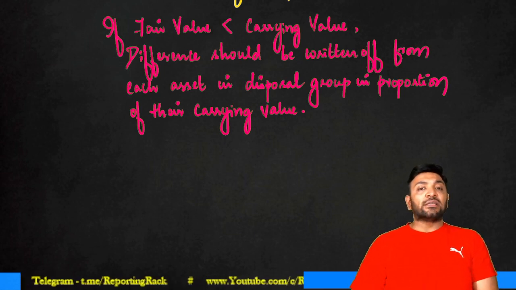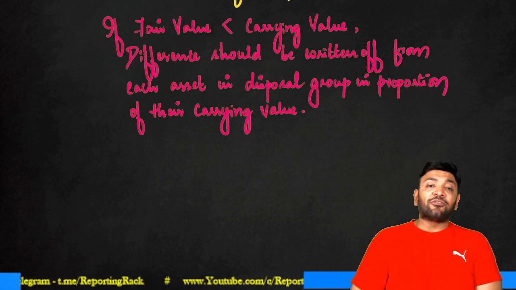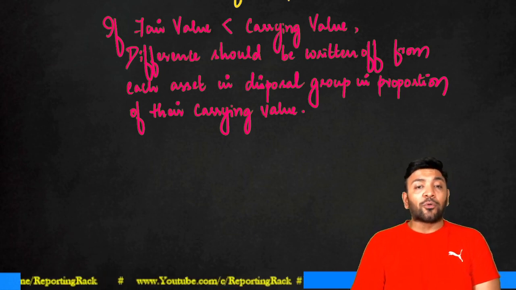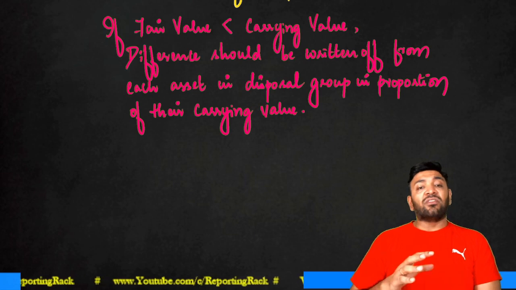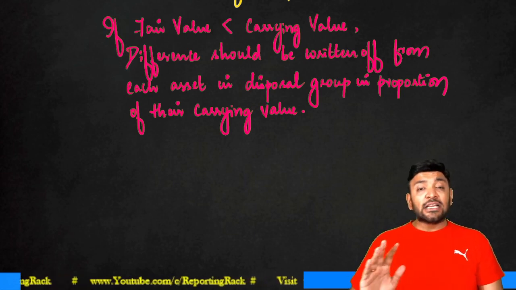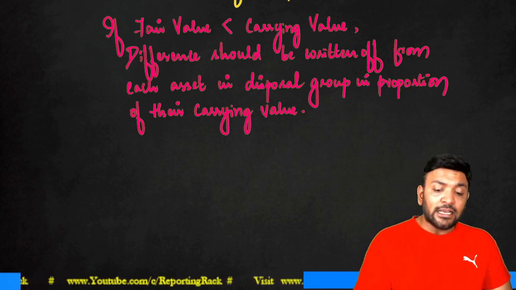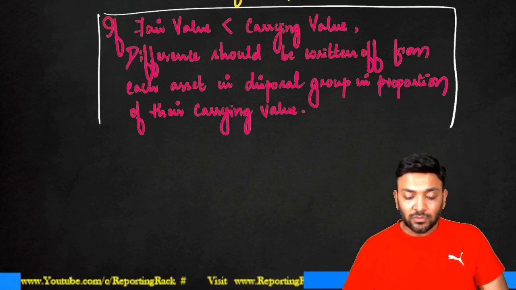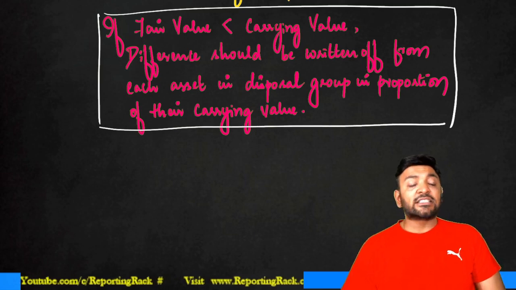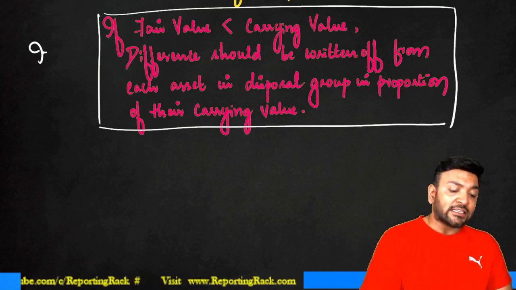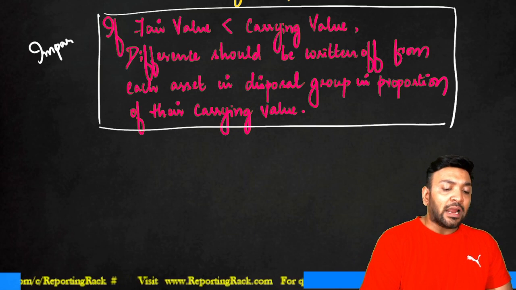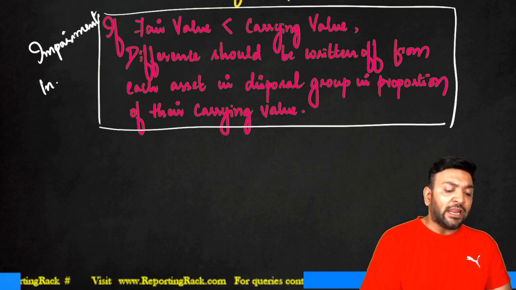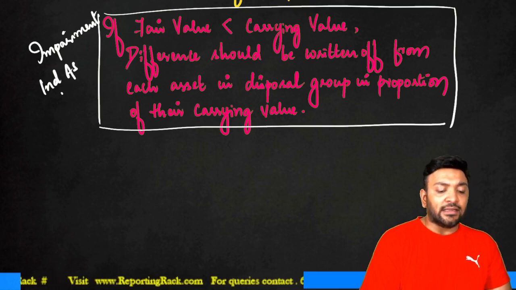Whenever the fair value is less than carrying value, then the difference should be written off from each asset in the disposal group in proportion of their carrying value. So whenever we are talking about this, this particular statement is basically called impairment. When this situation comes up, it is impairment, and it is very similar to what our discussion will be under IND AS 36.